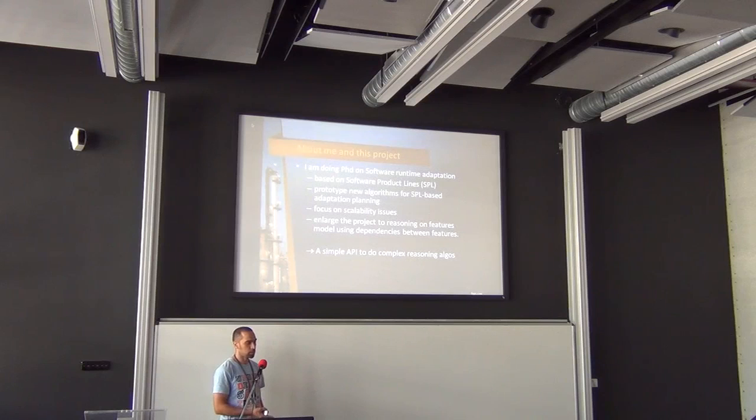Actually, what I will present today is how I exploit one of the ideas I developed for software adaptability using software product lines to do reasoning on feature models using the dependencies between features. So the idea is to provide a simple API to do complex reasoning on feature models.